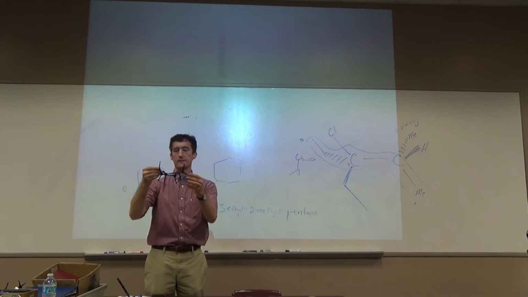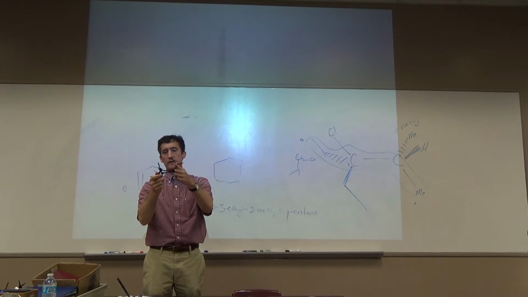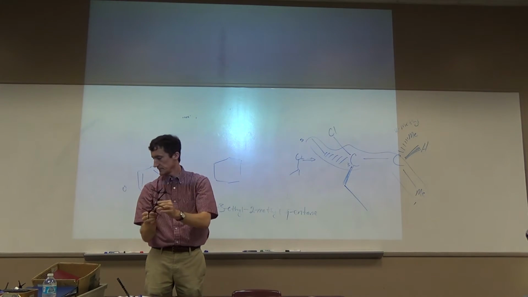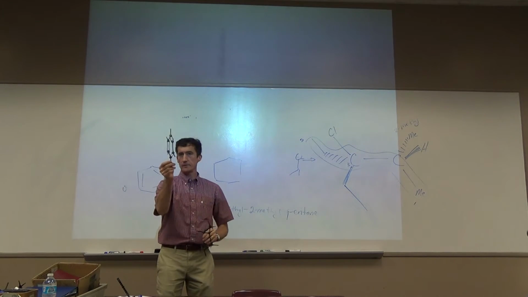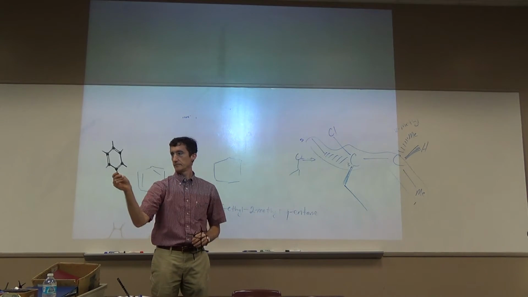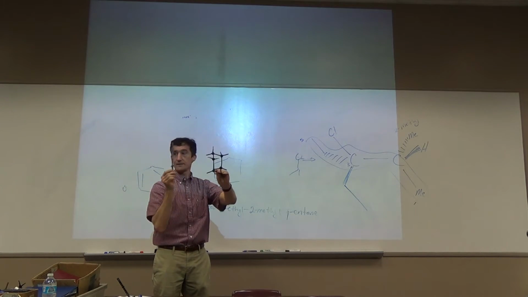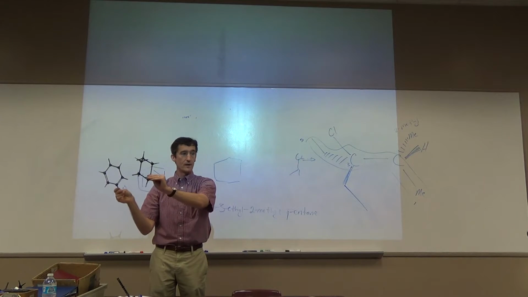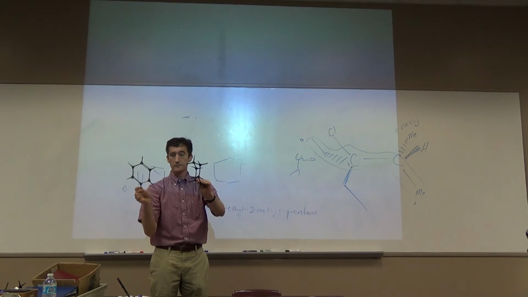Cyclohexane exists in a non-planar conformation. For example, this. Benzene is planar. See how there's the plane? This guy, you see how it's not planar like that? Because of all the tetrahedral carbons.